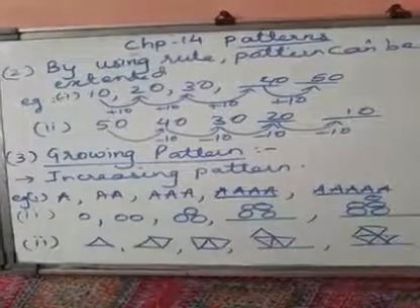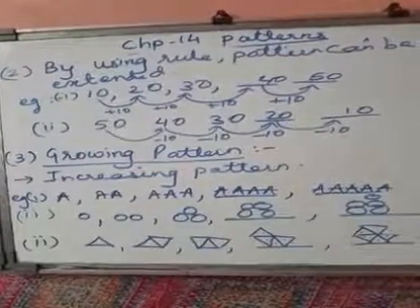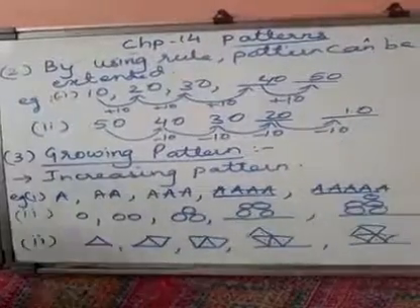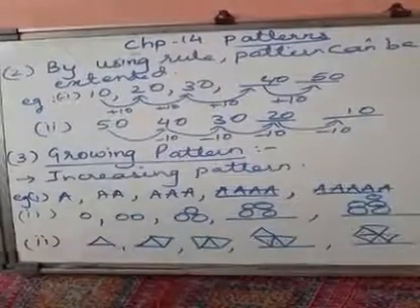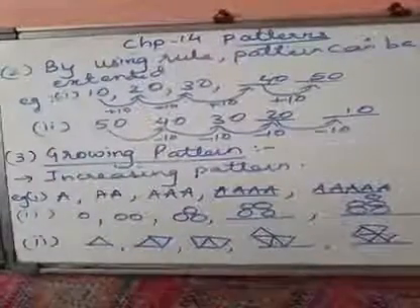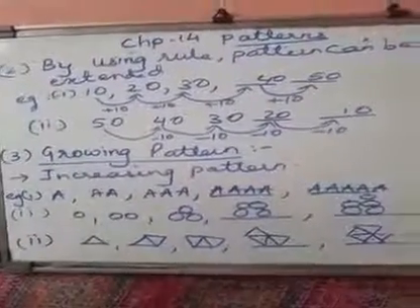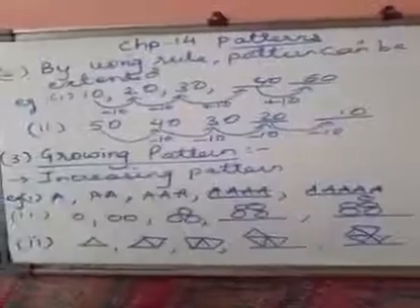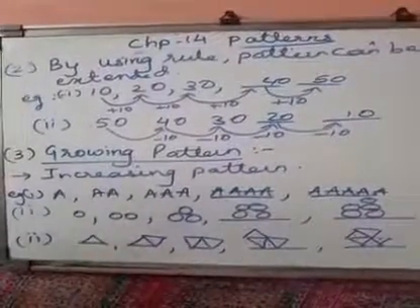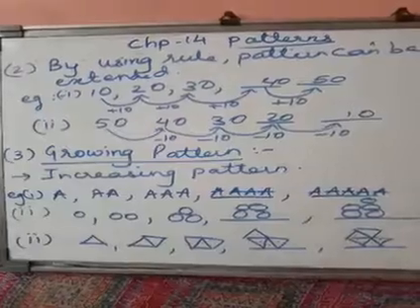Growing pattern or increasing pattern. Here gradually the picture or the given numbers or the given letters increase. Okay, fine. Now we will see next. Let us find out next.